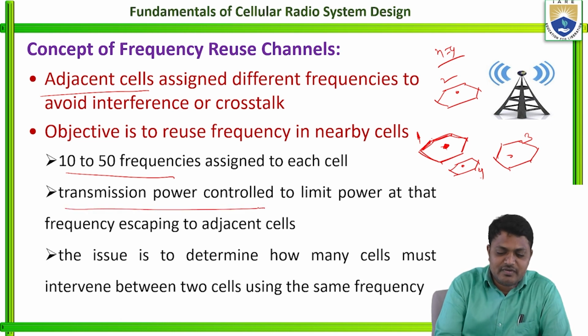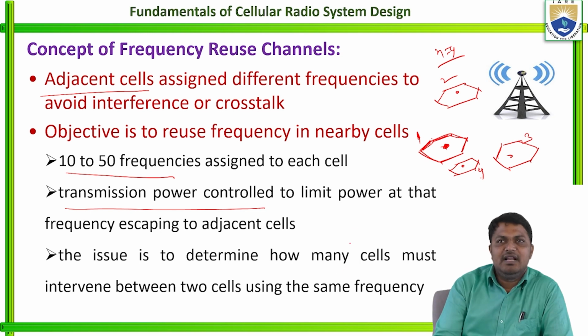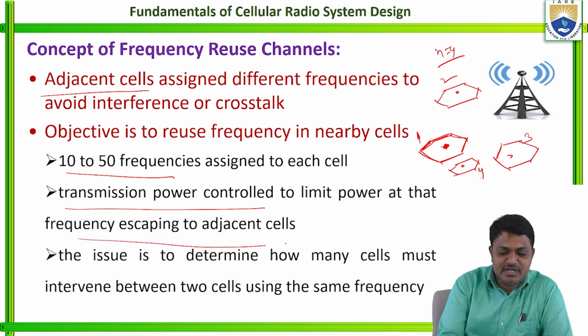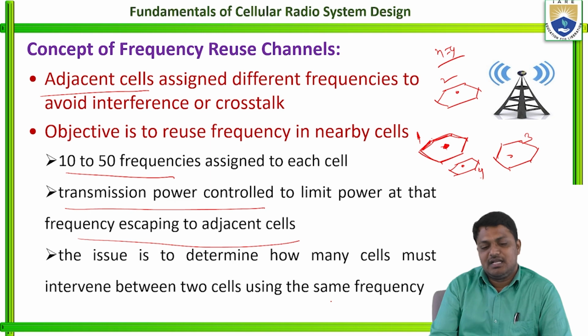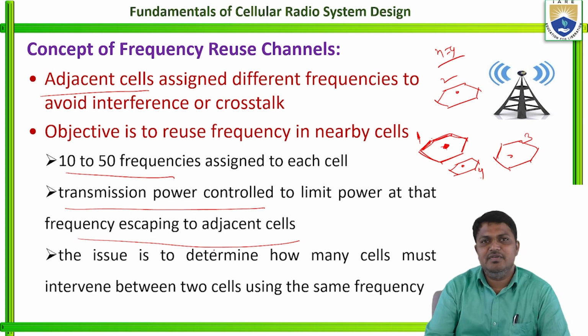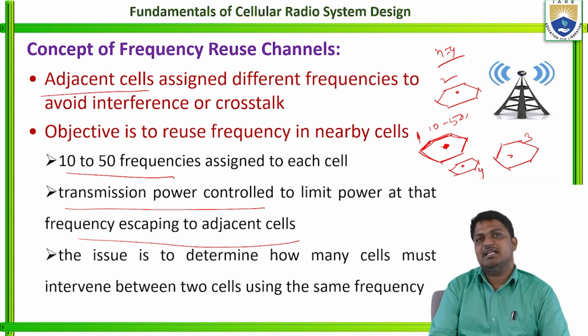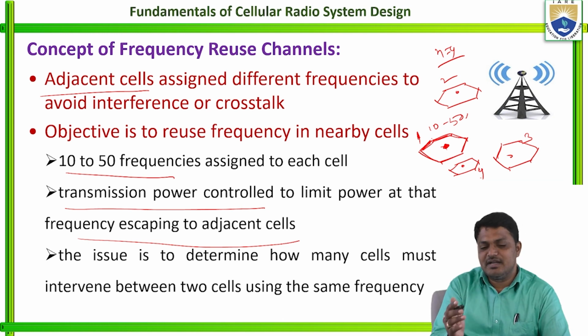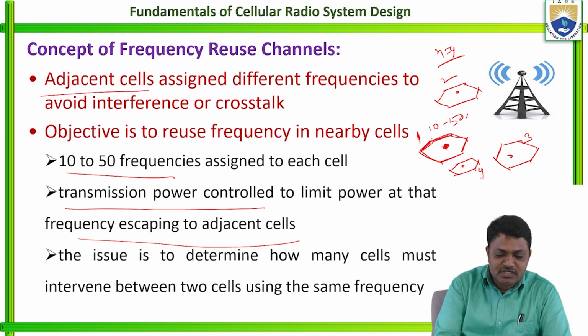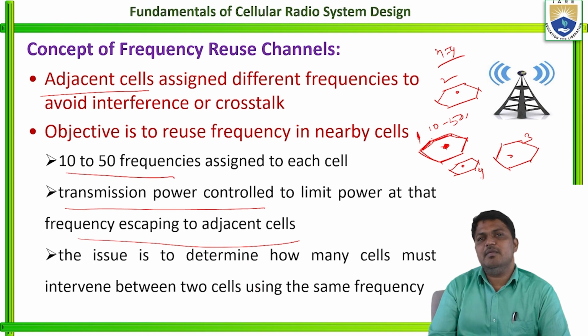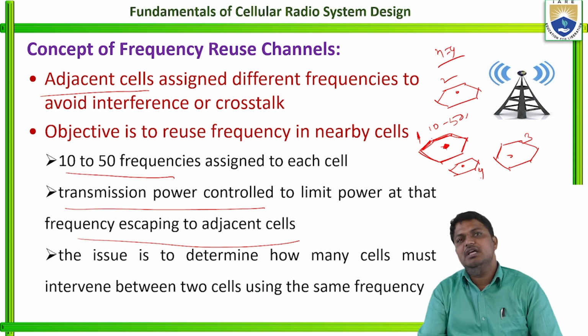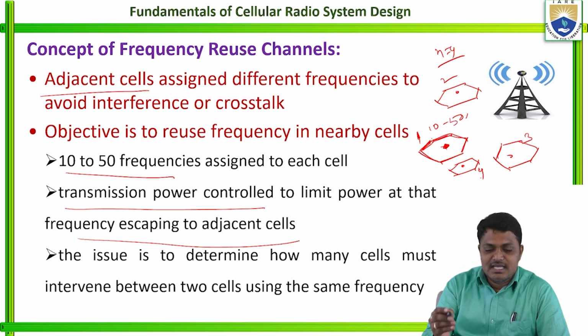The transmission power is controlled to limit the power so that the frequency does not escape into adjacent cells. For each cell we assign nearly 10 to 50 frequencies. The main issue is to determine how many cells must intervene between 2 cells using the same frequency.